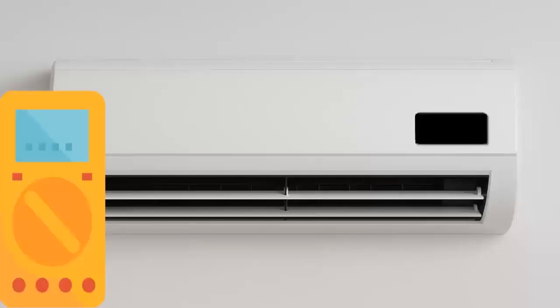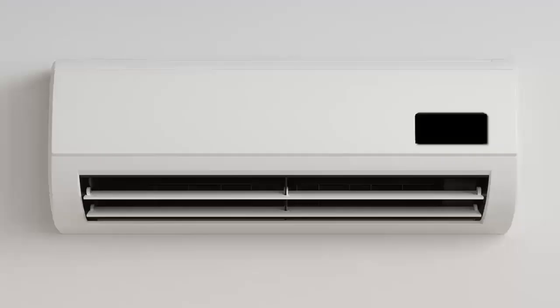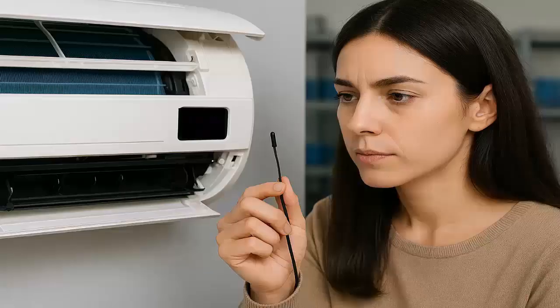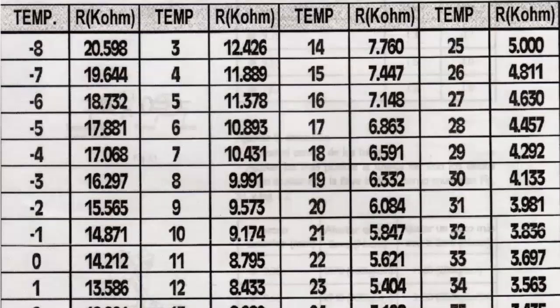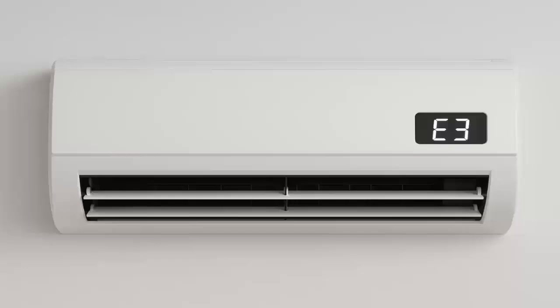To diagnose a temperature sensor, follow these steps. A. Check for loose or corroded connections. B. Disconnect the sensor and measure its resistance using a multimeter set to kilo ohms. C. Verify that the resistance reading matches the values specified in the technical manual.